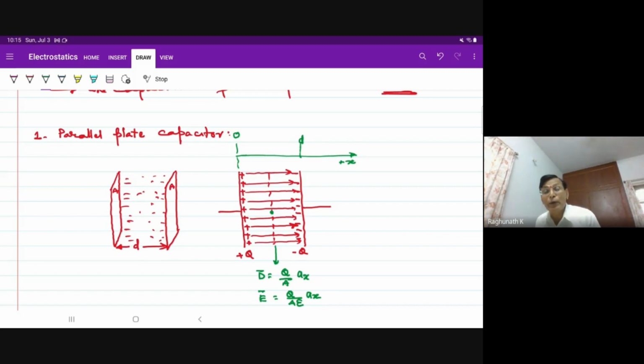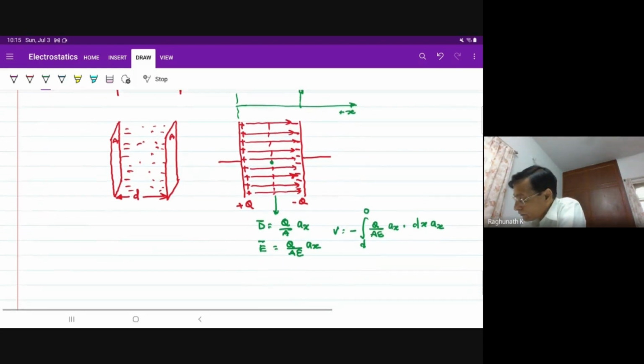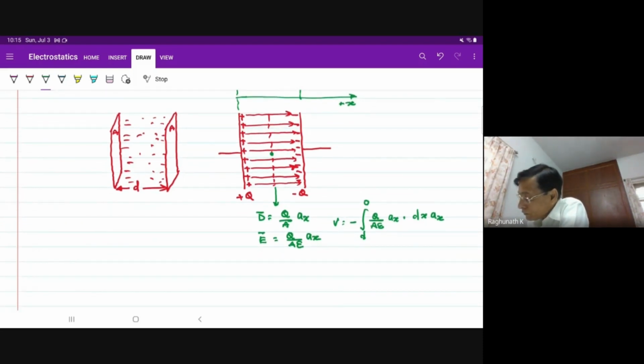We need to determine the potential difference between the plates of the capacitor. V is equal to minus integral D to 0, because I need to move in the direction opposite to the field, correct? D to 0 of Q by A epsilon a_X dot dx a_X.